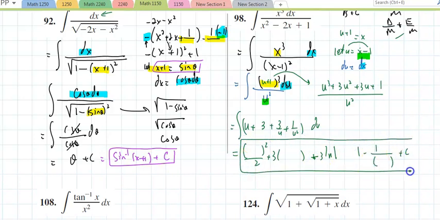And do remember what u represented. U was, if you go back up there, it was x minus 1. And there it is. And I have a couple more to go.